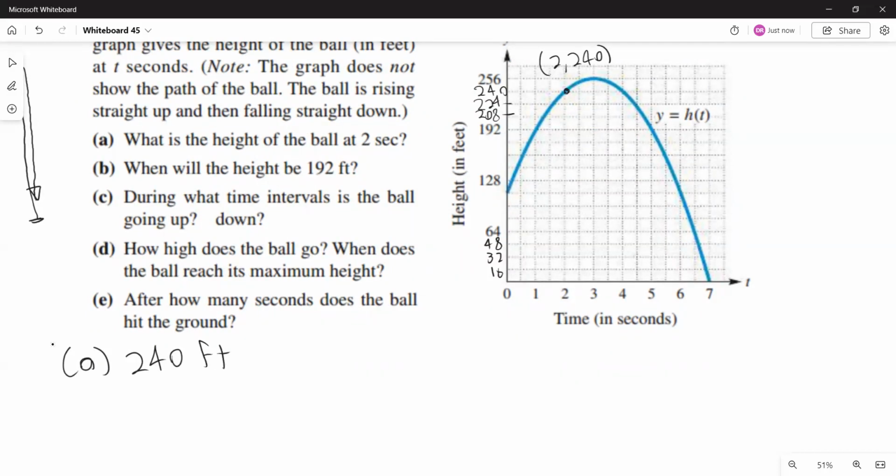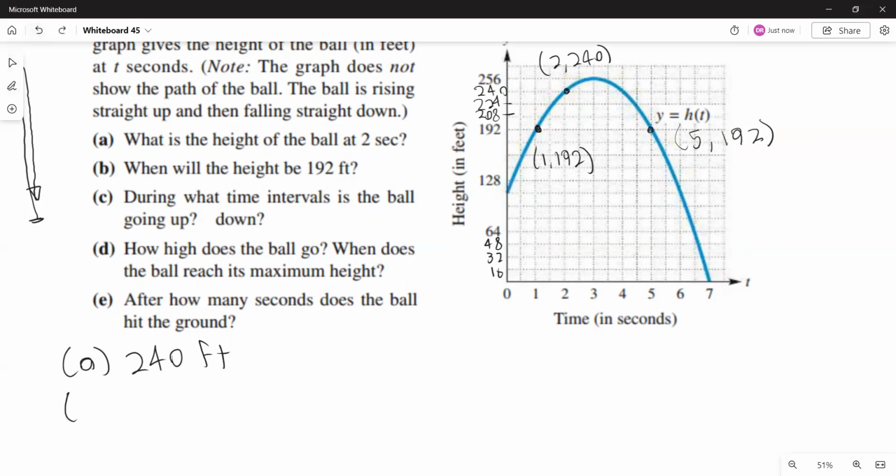Question number 2, when will the height be 192 feet? We can identify 2 values. That's (1, 192) and (5, 192). So that's going to be after 1 second and after 5 seconds.